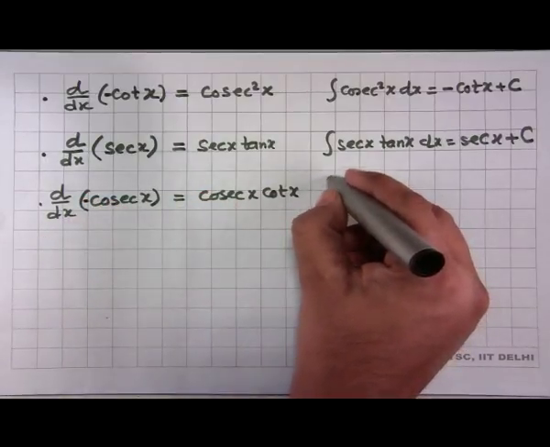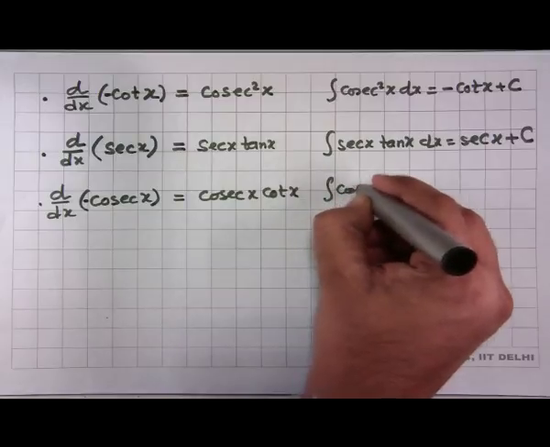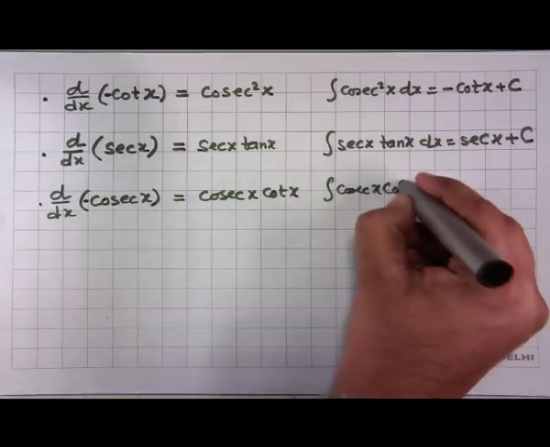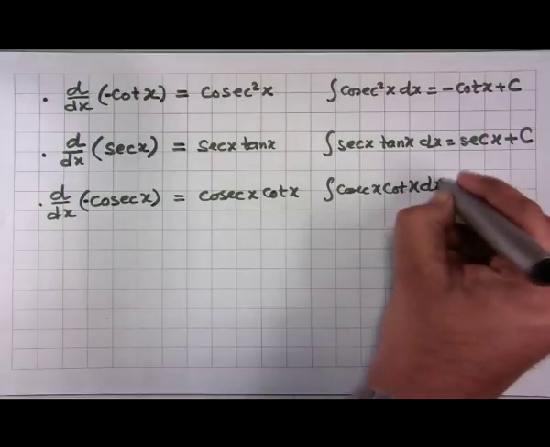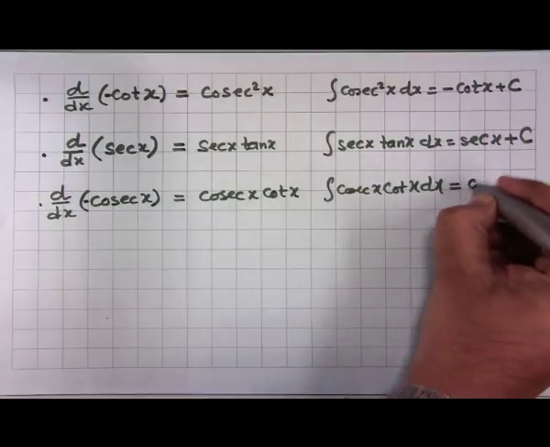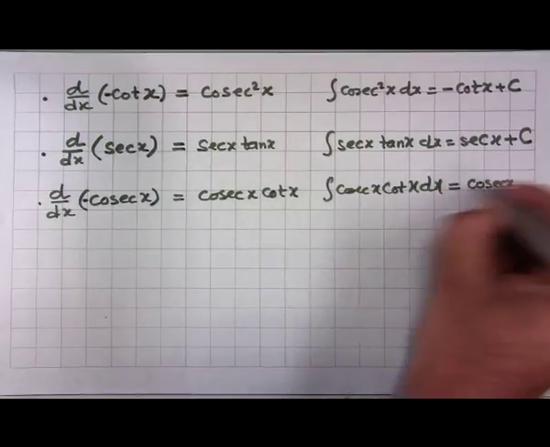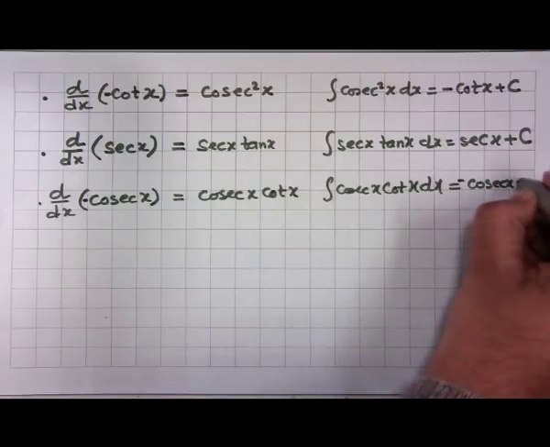So, that it becomes integral of cosec x cot x dx equals to minus cosec x plus c.